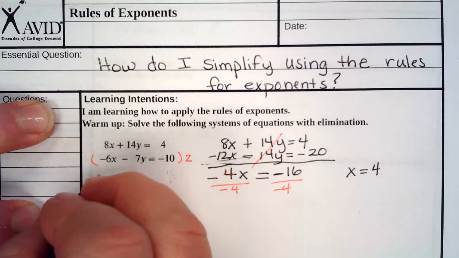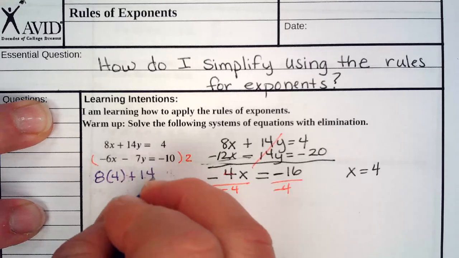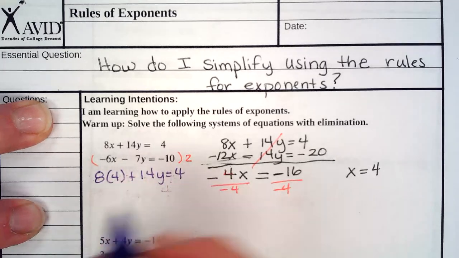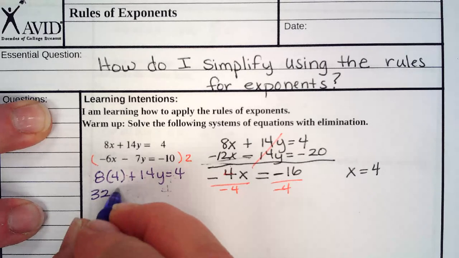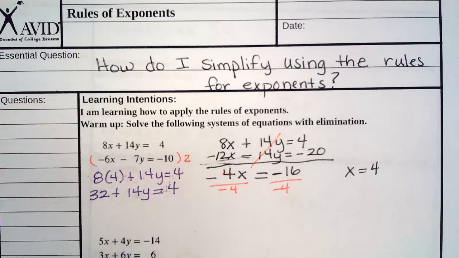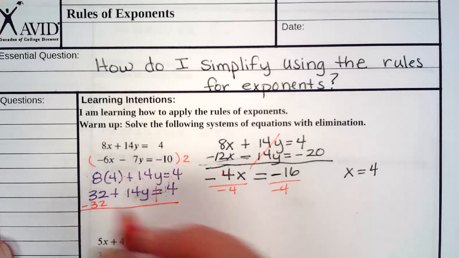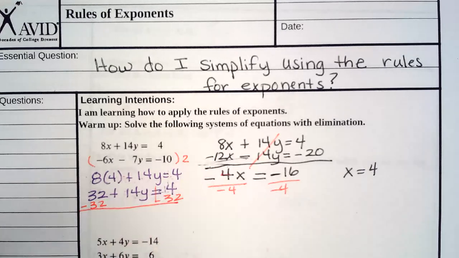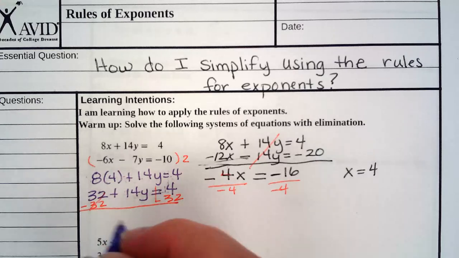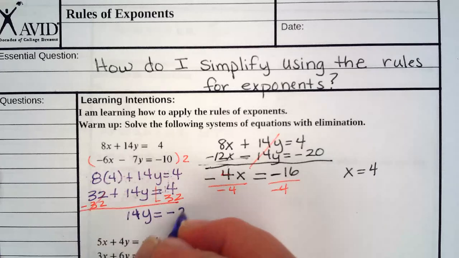So, 8 times 4 plus 14y is equal to 4. 32 plus 14y is equal to 4. Subtract 32 from both sides. 14y is equal to negative 28.